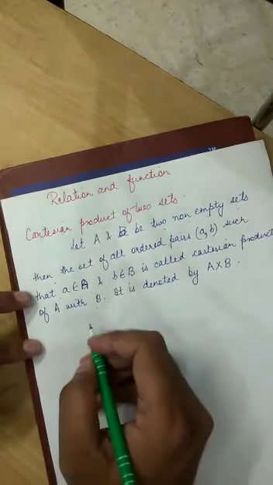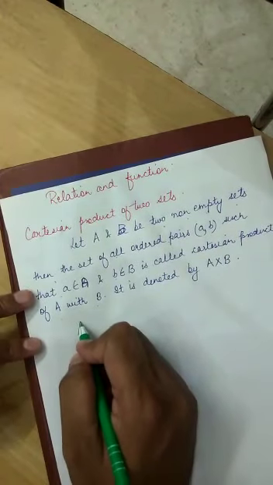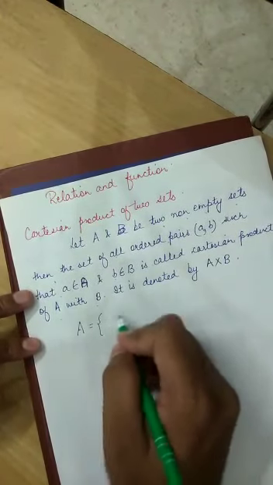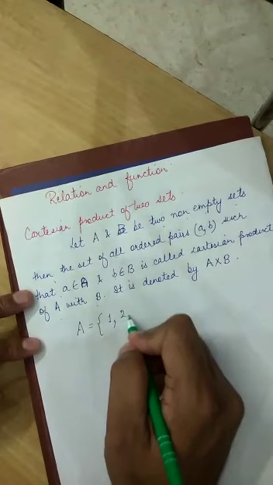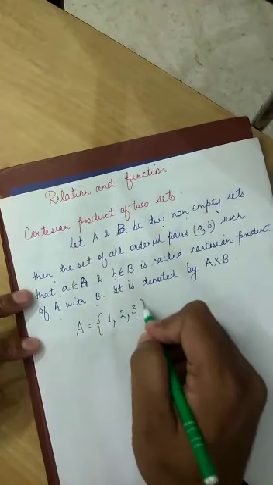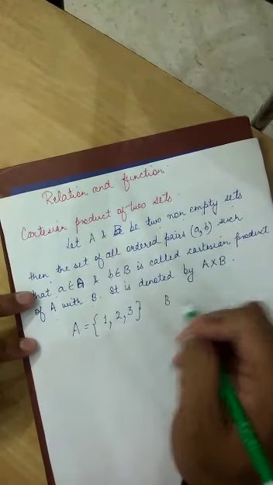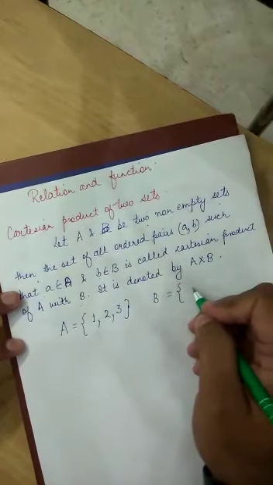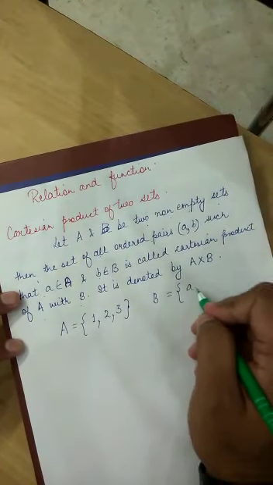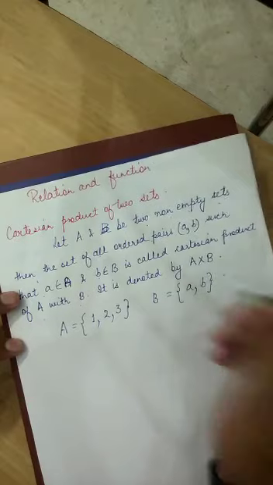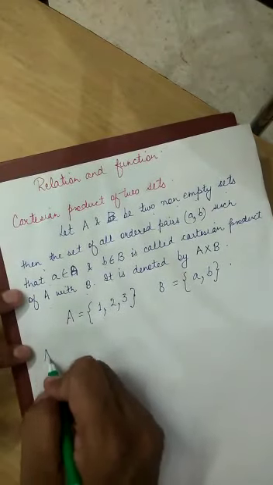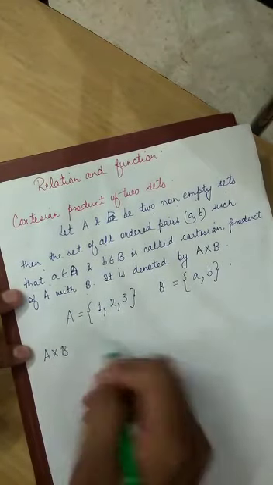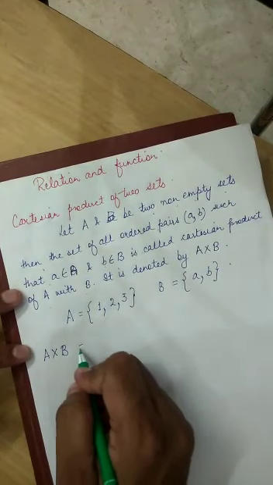Let us take one example. If set A has elements 1, 2, 3 and set B has elements a, b, then what is the Cartesian product of A with B?